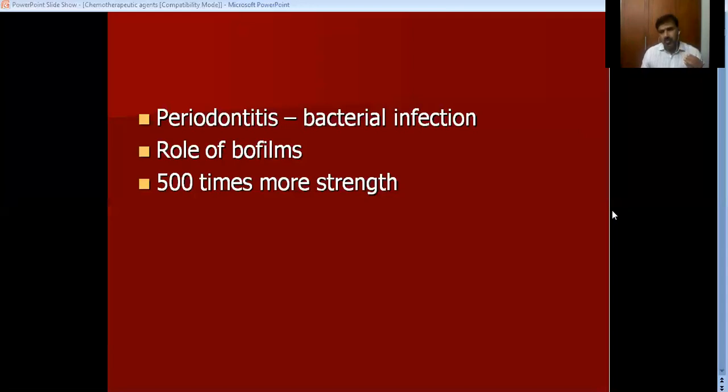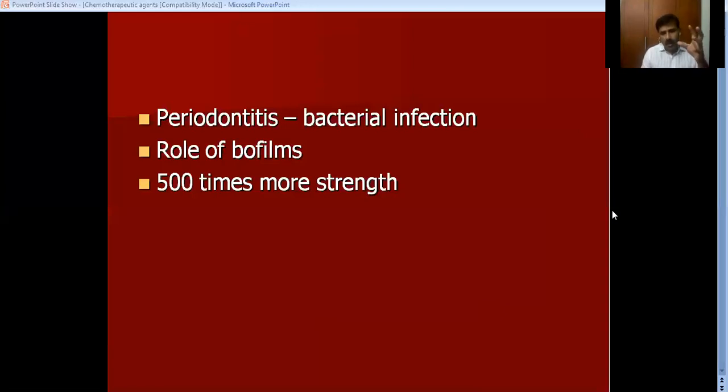Only a few, which are known as periodontal pathogens, actually result in periodontal pathology. The rest are commensals in the mouth, and these are organisms that are actually needed in the mouth. But when the number of these periodontal pathogens increases in the mouth, it will cause periodontitis or different periodontal infections.